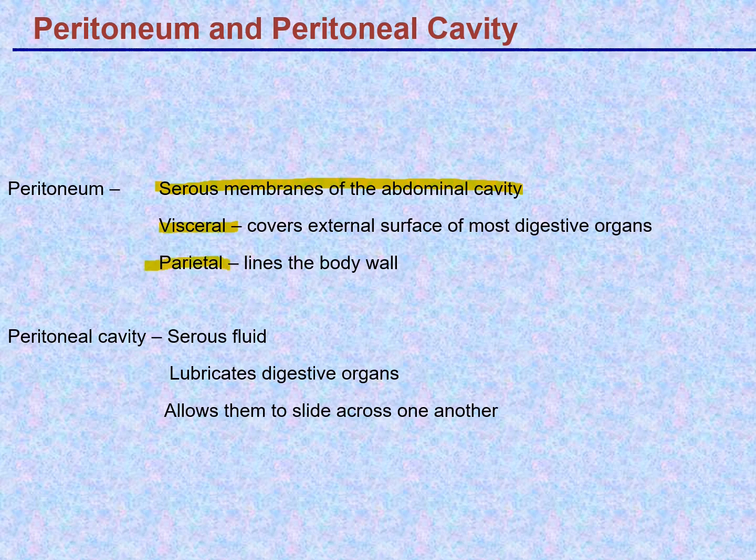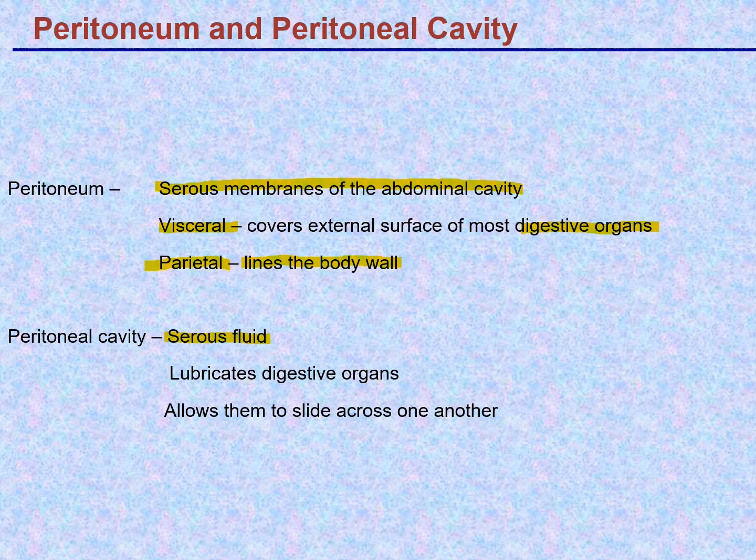The visceral peritoneum covers the organs inside the gastrointestinal tract or the abdominal tract, and the parietal membrane or parietal peritoneum lines the cavity, the wall of the abdominal cavity. In the space between the two membranes is serous fluid, so that things slide past each other.